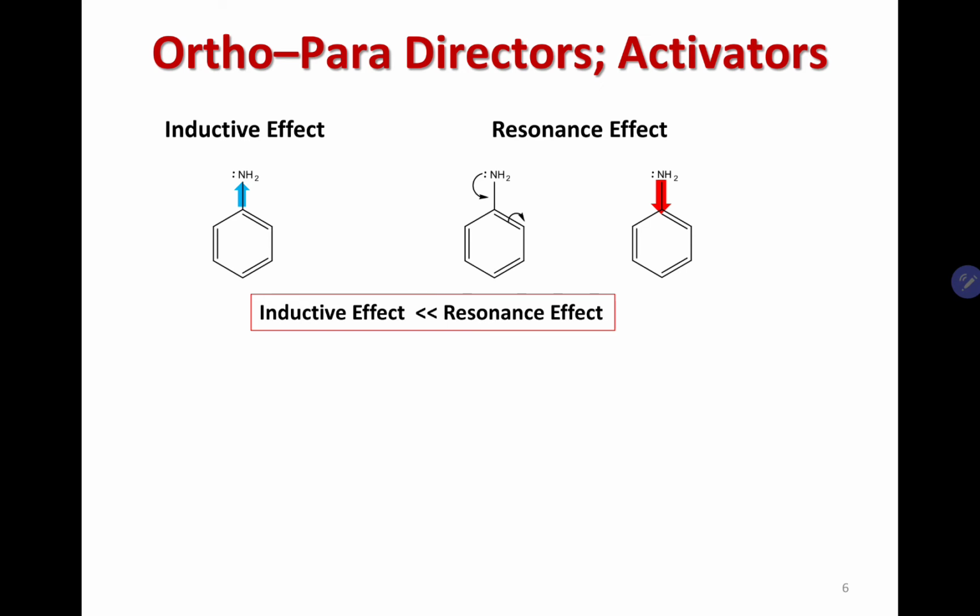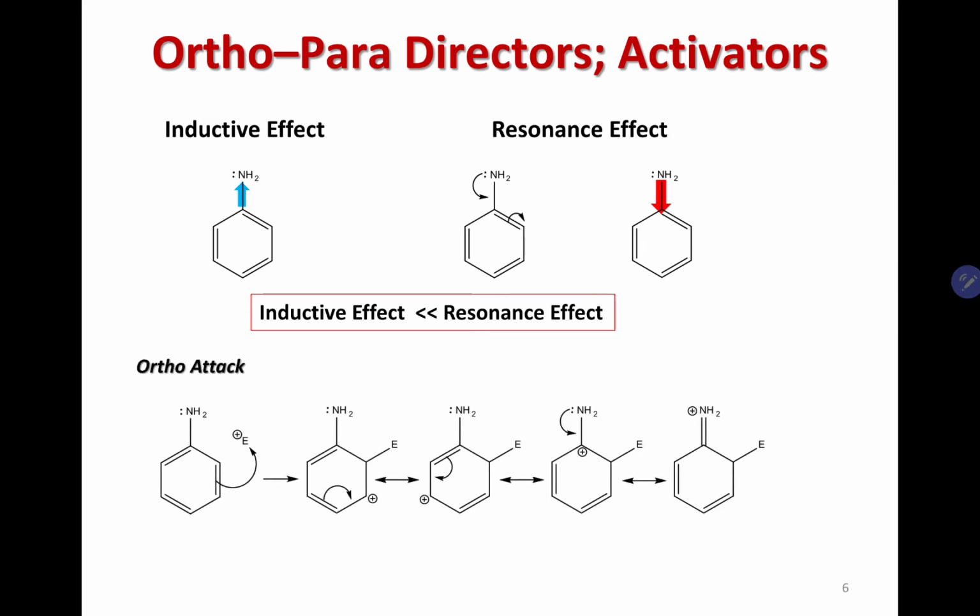So let's say aniline is an ortho-para director. Let's think about ortho attack. That means you are attacking, with the benzene electrons, an electrophile, and you are adding the electrophile into an ortho position, so we call it ortho attack.